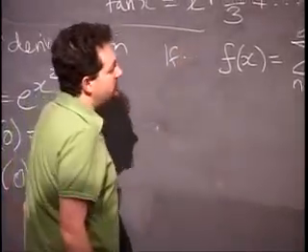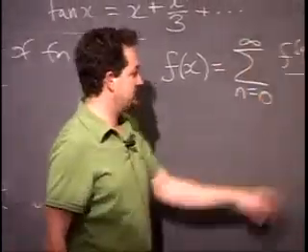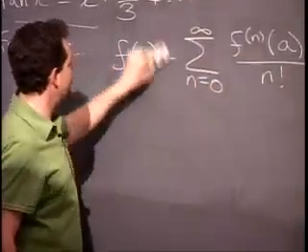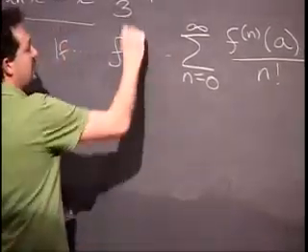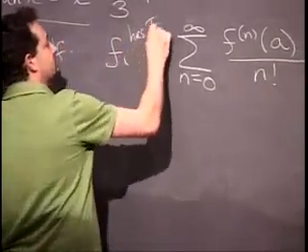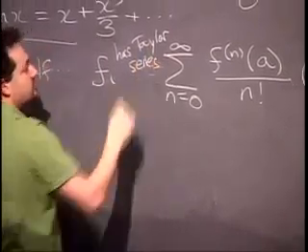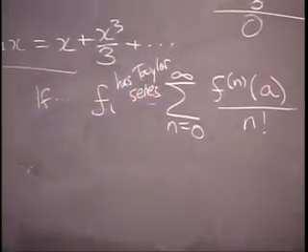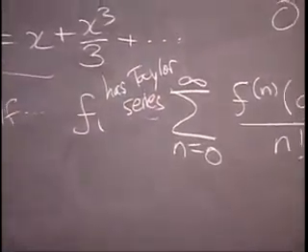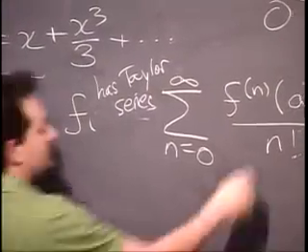well, even if it's not true, if this just happens to be the Taylor series, so maybe I should say, if f has a Taylor series, it doesn't matter whether it converges to f or not. If you know the Taylor series, then this is the coefficient.